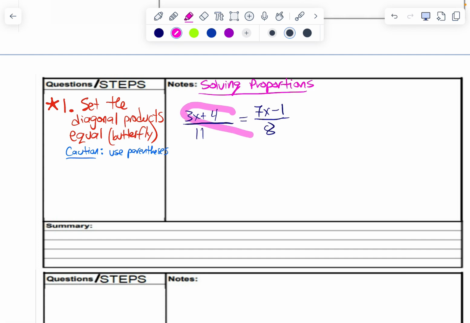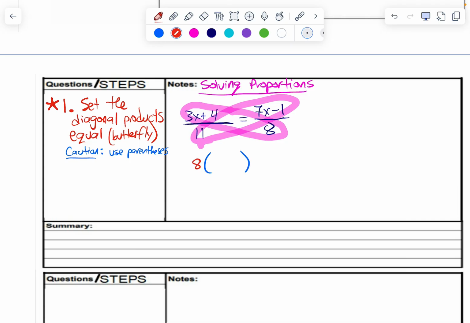So here's what I mean by butterfly. We're going to multiply those two and set them equal to those two. So it kind of looks like we're making a butterfly, right? So we get 8, and then this is what I mean by parentheses.